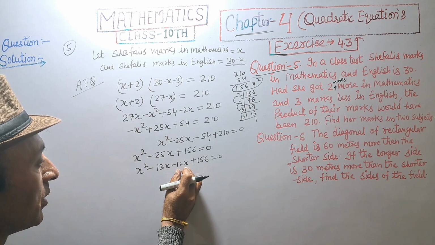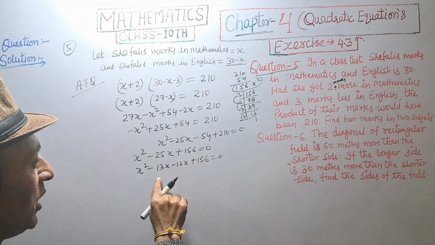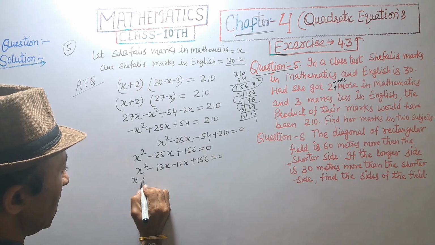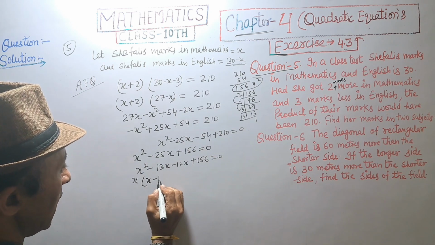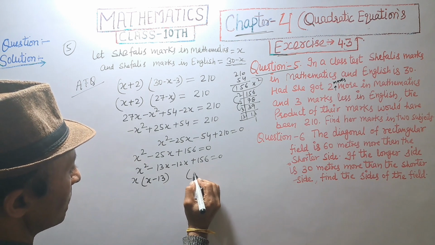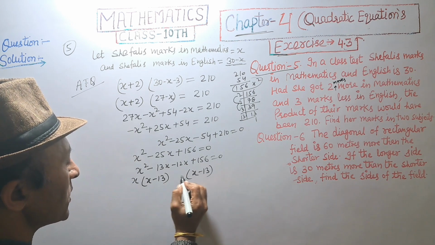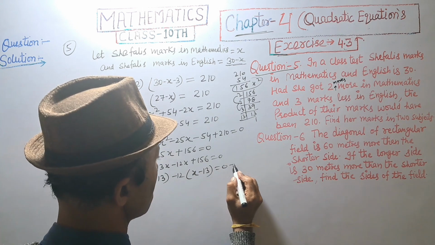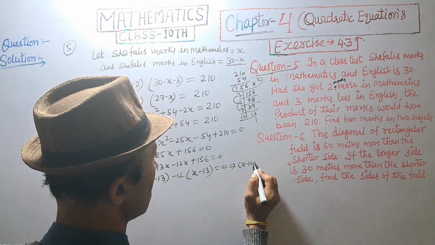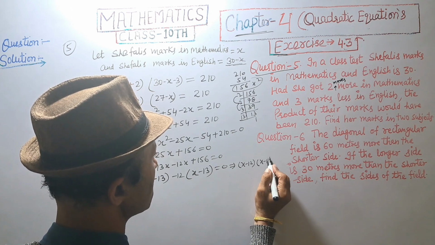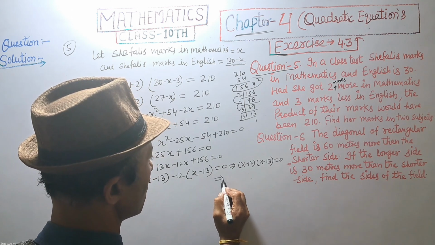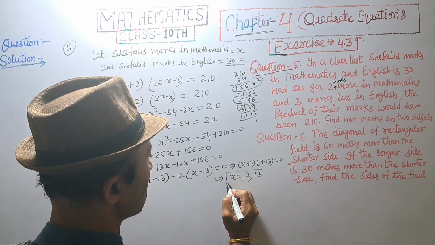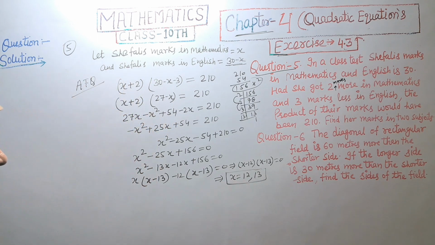Minus minus, that will be positive. 13 12s are 156x square, and we are taking common x, and in bracket x minus 13. x minus 13 in bracket and minus 12 is common, is equal to 0. This implies x minus 12, x minus 13 is equal to 0. x is equal to 12 and 13.